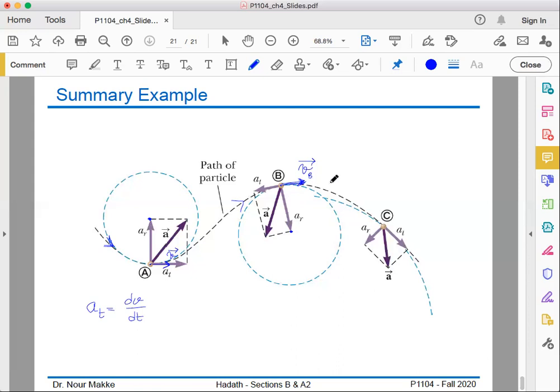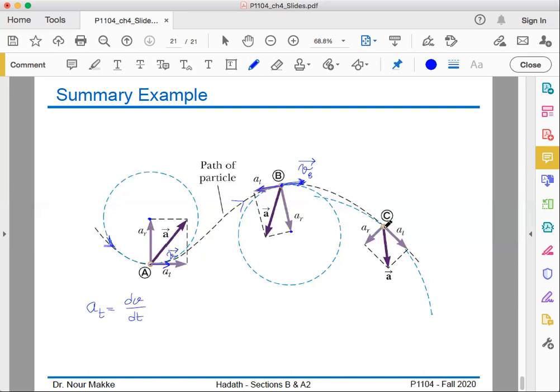Now, the particle is moving up, and since it is moving up on a curved path, its speed decreases. If the speed decreases, the derivative of V with respect to time is negative. That means the tangential acceleration has direction opposite to that of the velocity at the point B. After that, you just have to add up the two components to get the A vector.